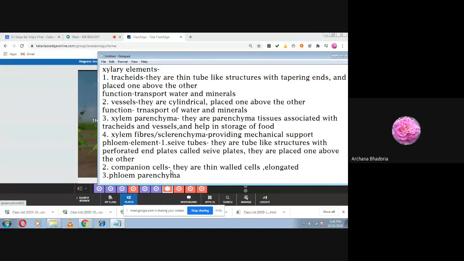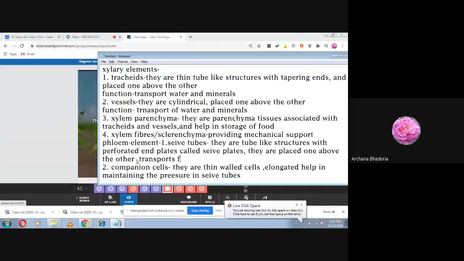They help in maintaining the pressure in the sieve tubes.